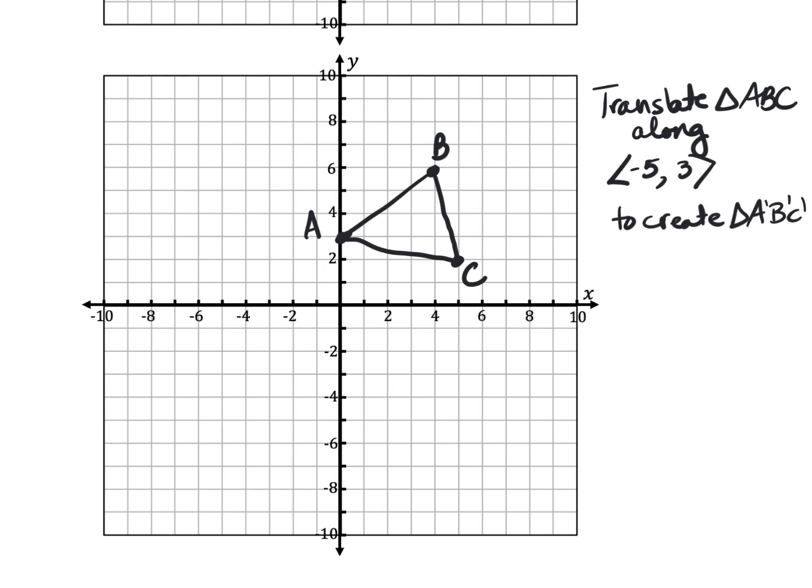Okay, so when we're looking at vectors, very much like coordinates, the first number is going to tell us how many units we're moving along the x-axis, left or right. Because it's -5, we're going to go left 5 units.